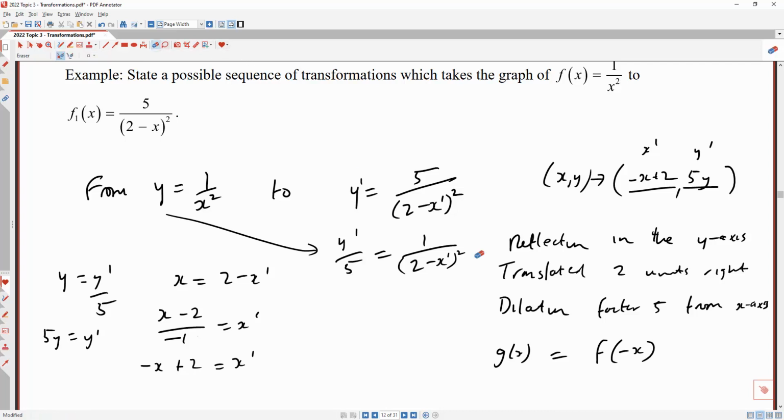So I'm going to rub that out and replace x with x take 2. And then we've got a dilation factor 5 from the x-axis, so that just goes out the front there.